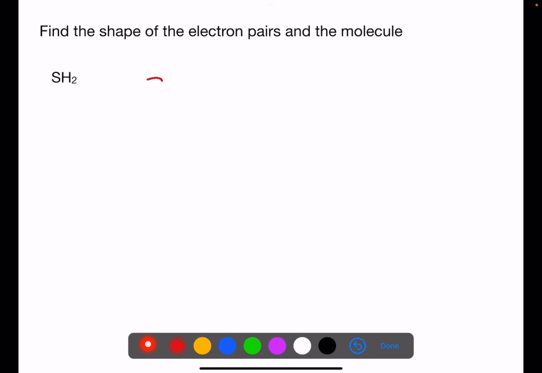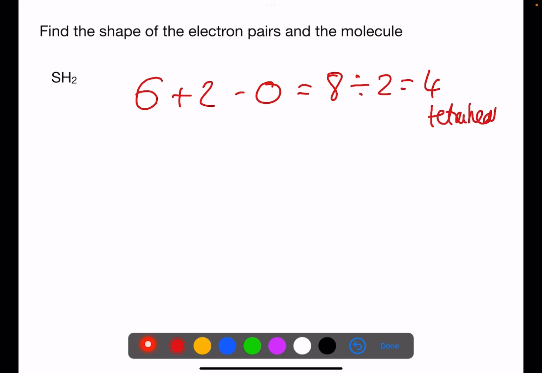So for SH2 we've got 6 plus 2 things attached and no charge, so 8 electrons around the centre. Divide it by 2, so we've got 4, so electron pairs is tetrahedral. And if we take off the 2 things that are attached, we've got 2 non-bonding pairs, so the molecule itself will be angular like water.